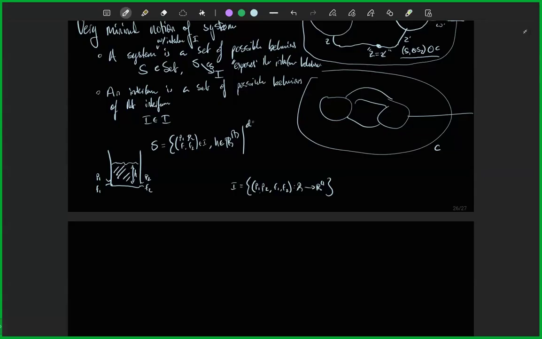I'm not going to really care about the details here. I'm just going to say that there's some equation governing the change of height, which maybe depends on the pressures and flows, and the flow is going to be depending on the height and the pressure.